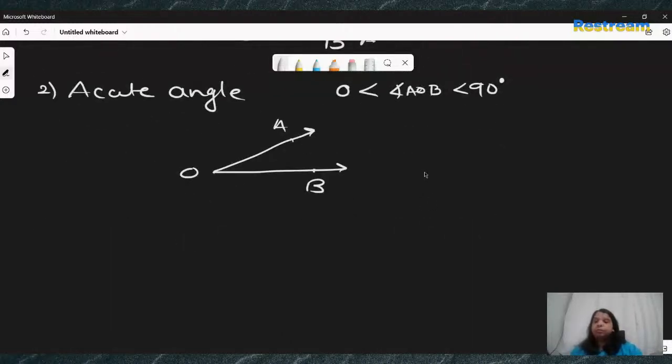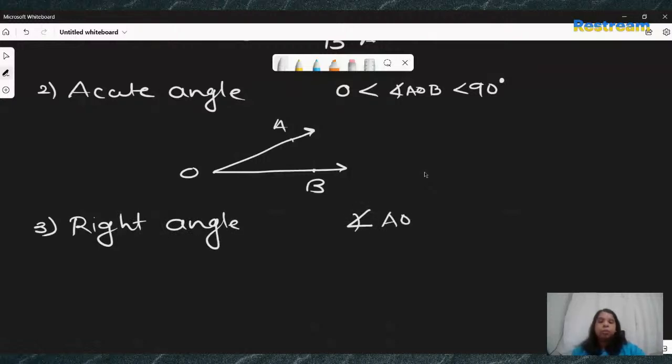Next one is a right angle. Now, in this case, your angle AOB is exactly 90 degrees. So it's something like this. It's so difficult to draw a straight line on this. So a right angle is always represented by a small square at the vertex.